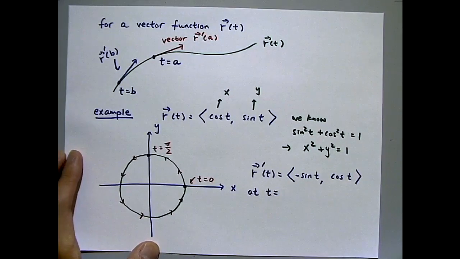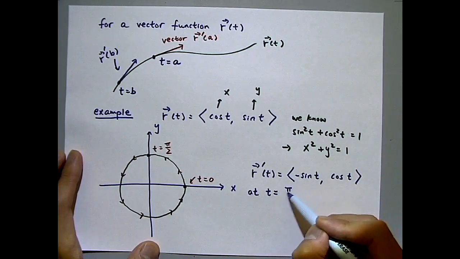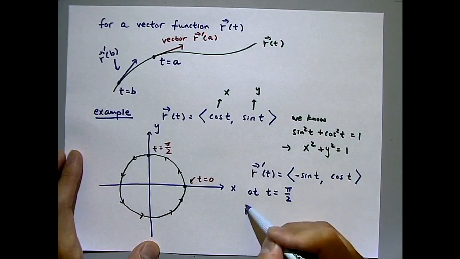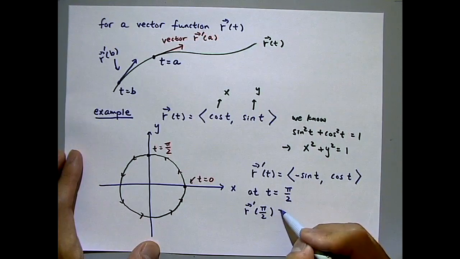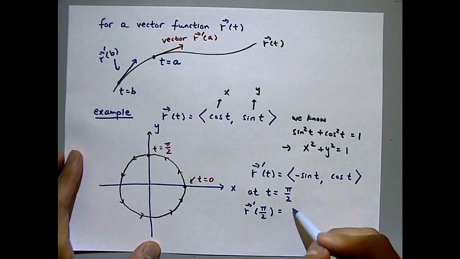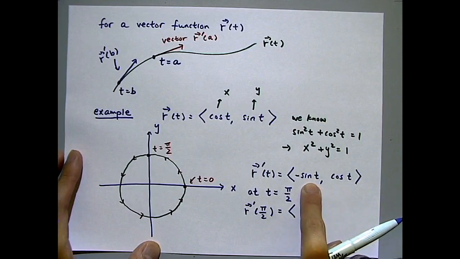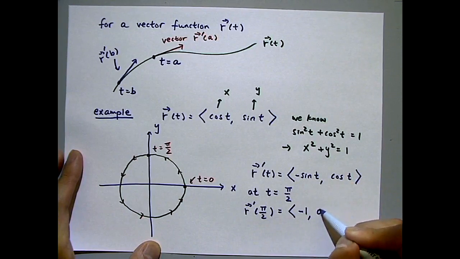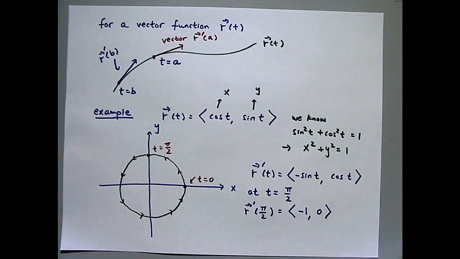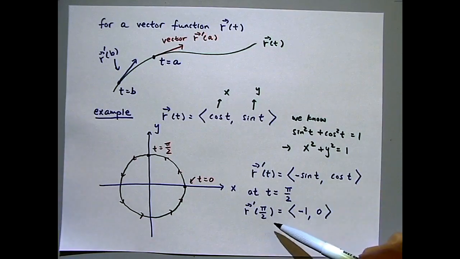Let's go to t is equal to pi over 2. r prime at pi over 2 is (-1, 0). Okay? So this tells you the vector that is tangent to the curve at t is equal to pi over 2.